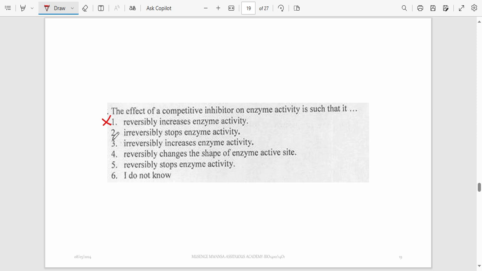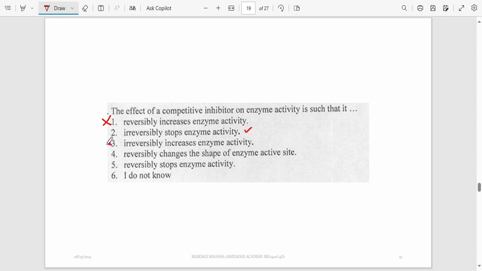Okay. Which one do you pick? Or what do you say about option two, Movita? Okay. And then option three, irreversibly increases enzyme activity. Is that true? It's not true.